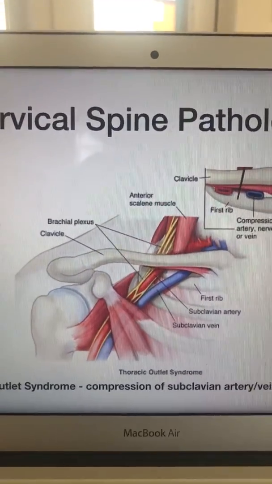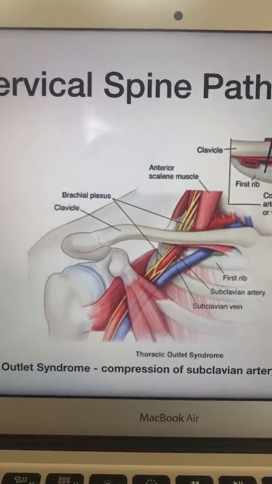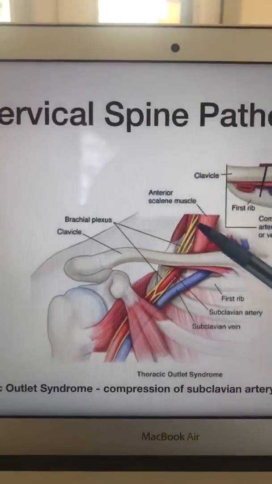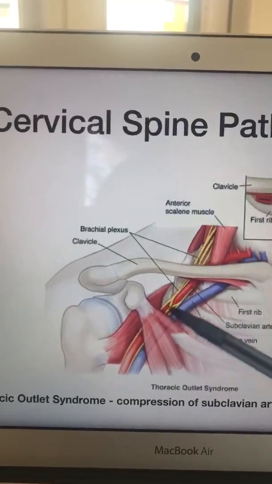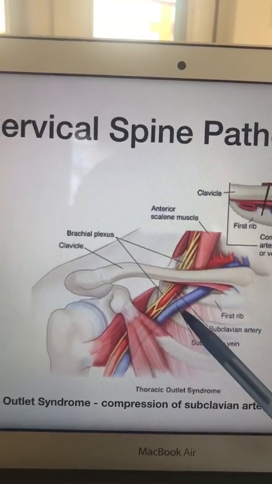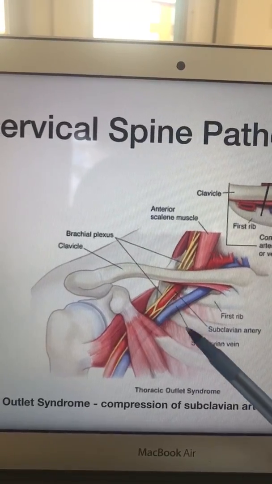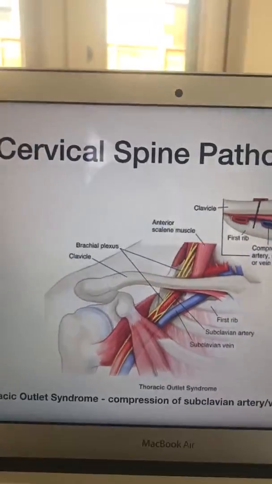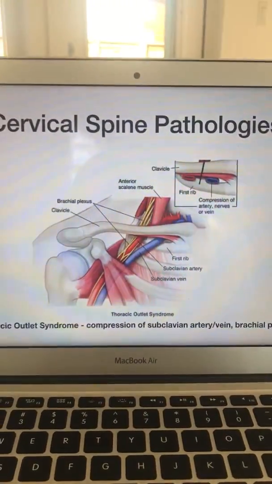So this can actually be compressed at a few different places, but basically it's going to be compression of that brachial plexus that comes out. And then depending on where it's compressed, we could have artery effects or vein effects. So circulation stuff might be going on, tingling, numbness, that kind of thing.